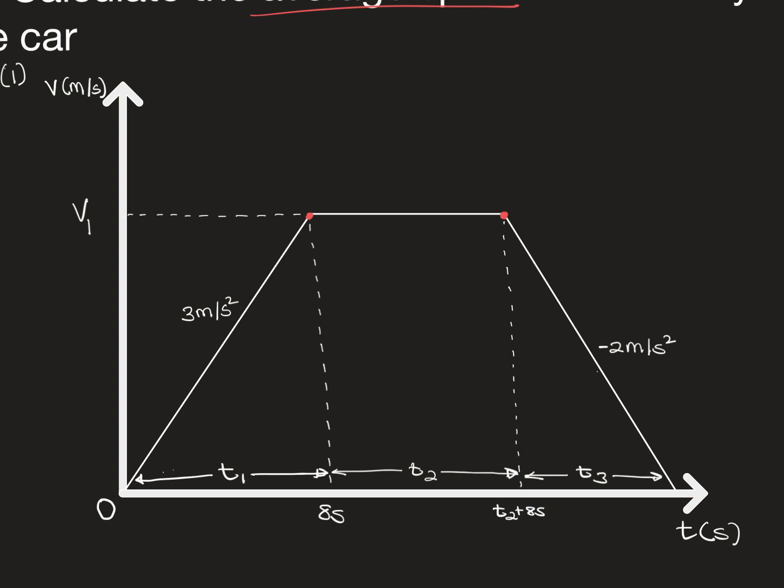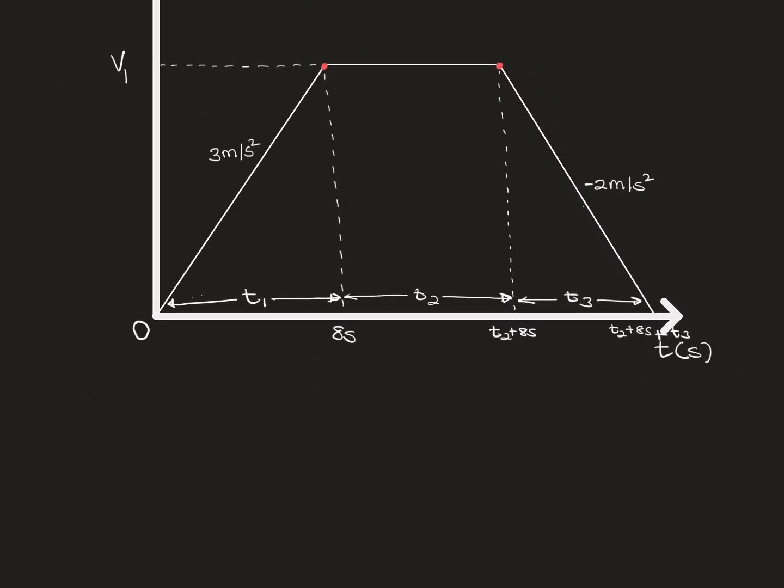But what we know is the time taken to reach this point from the origin will be T1 plus T2 plus T3, or we can say T2 plus 8 seconds plus T3. Okay, so the time here at this point, that is the time taken from the origin way down to this point, will be T2 plus 8 seconds plus T3.